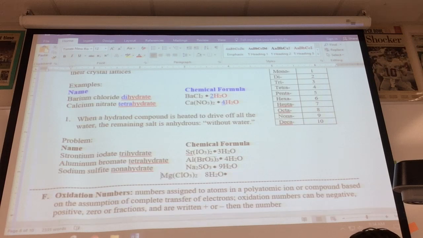And what about this last one? Mg is magnesium, ClO3 is chlorate, 8 is octa, like an octopus has 8 tentacles. Water, hydrate. Pretty straightforward.